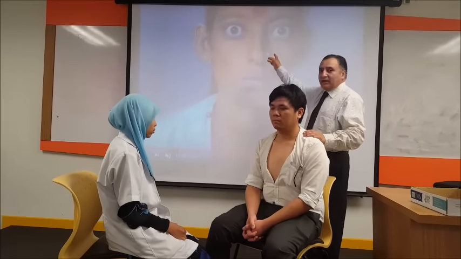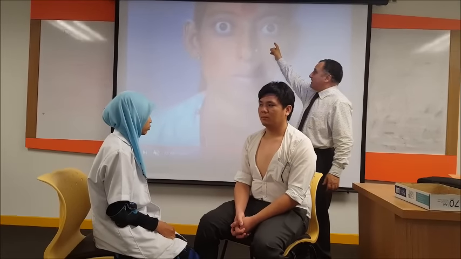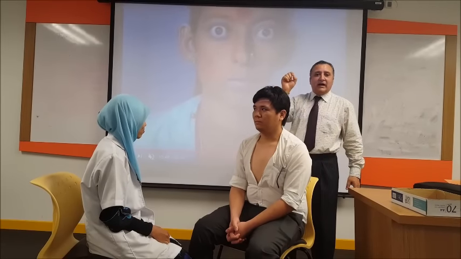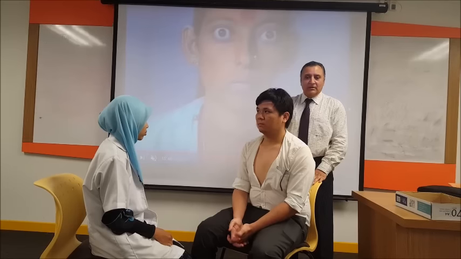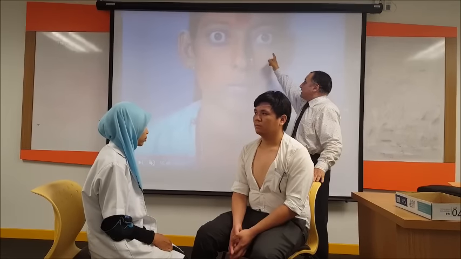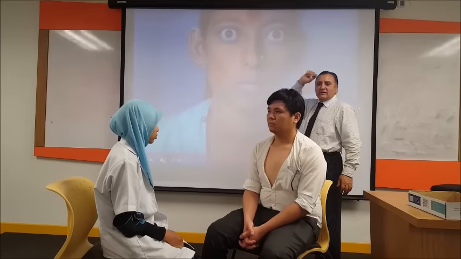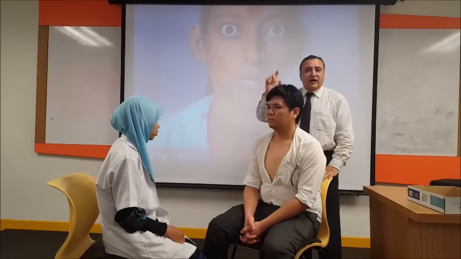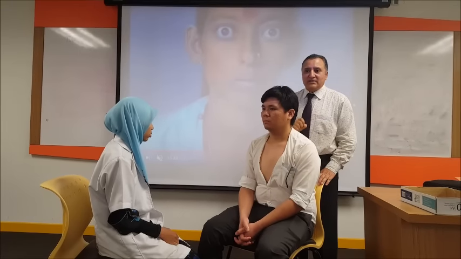Right? And if you see in this patient, normally the upper eyelid covers the limbus at 11, 12 and 1 o'clock position, and the lower eyelid covers it at 6 o'clock position. But in this patient, it doesn't cover the iris or the limbus.